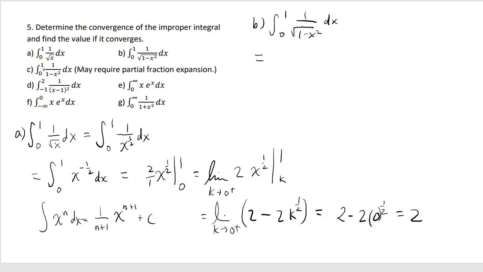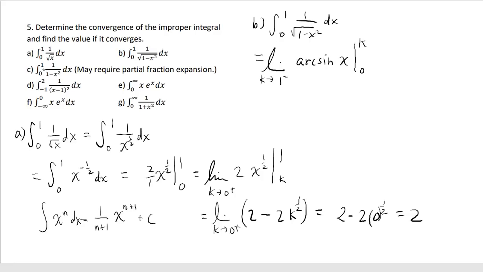Now the antiderivative of 1 over square root of 1 minus x squared, as you know, is arc sine of x, and instead of saying 0 to 1, we're going to put 0 to k and take the limit as k goes to 1 minus.